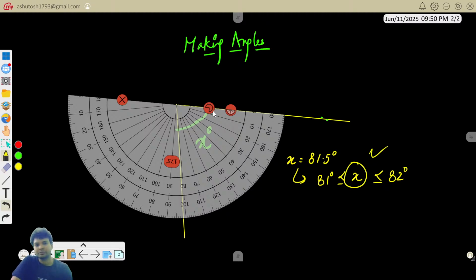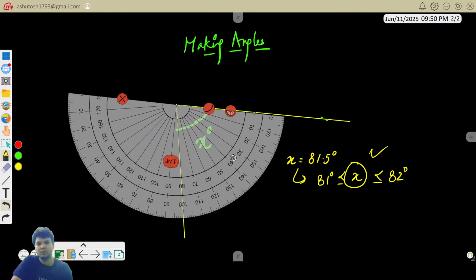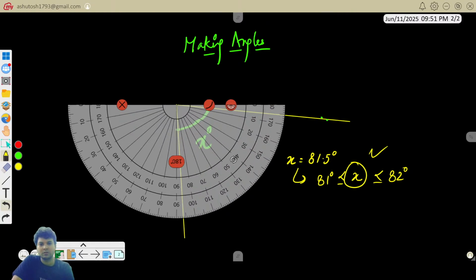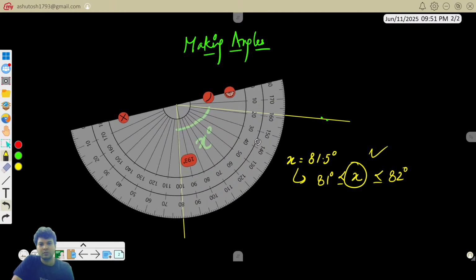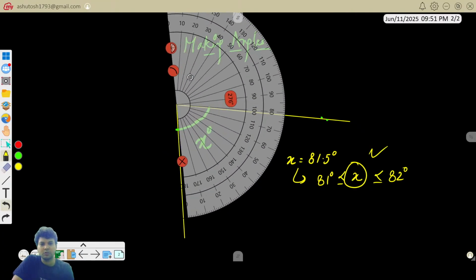ठीक है? अच्छा, other thing, we can do this thing here also.